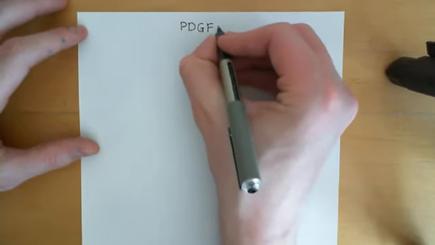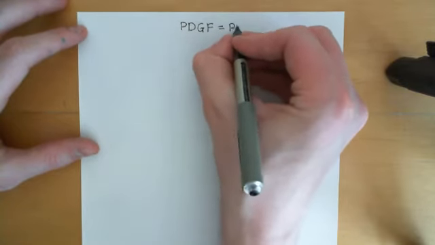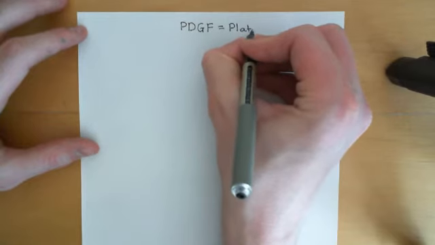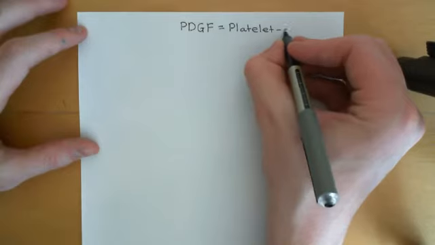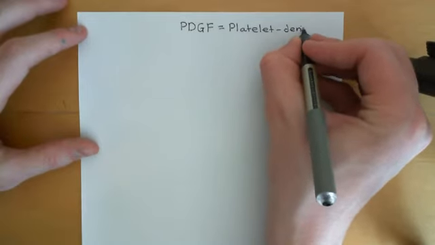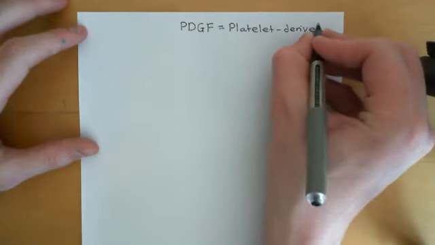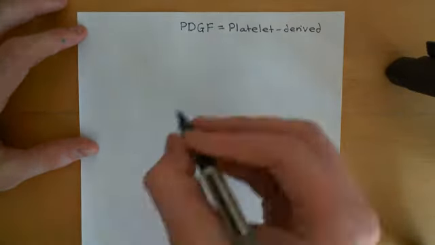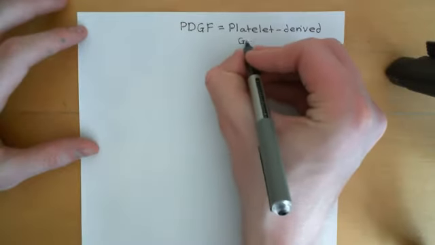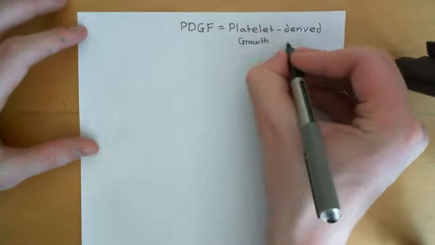Growth factors are capable of inducing cells to divide. They can induce cells to move from the G0 phase, the inactive phase of the cell cycle, to the G1 phase, the active phase of the cell cycle. So this is platelet-derived growth factor.